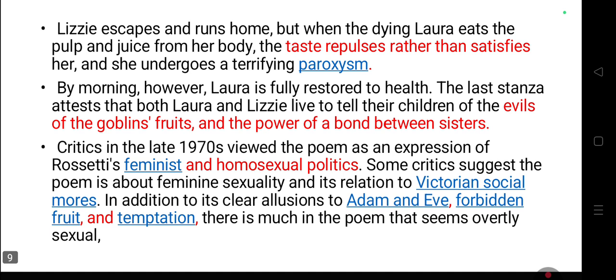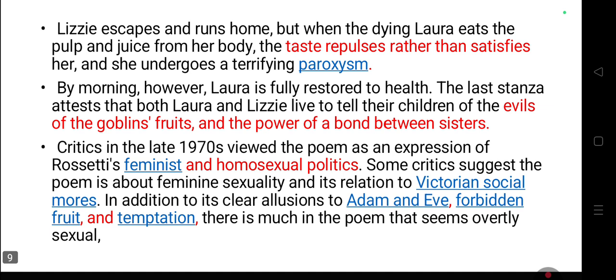Some critics suggest the poem is about feminine sexuality and its relation to Victorian social modes. We have talked about it. In addition to its clear allusions to Adam and Eve, as we have already correlated, forbidden fruit and temptation, there is much in the poem that seems overtly sexual.